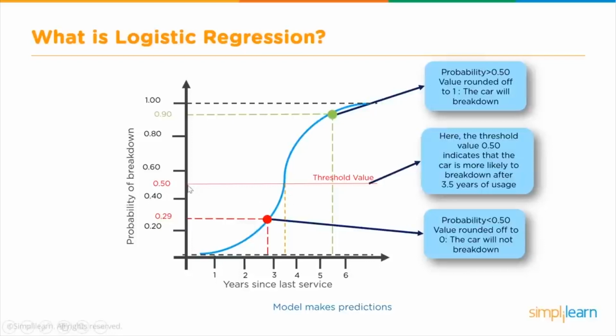For example, 0.5 can be the threshold in this case. So any value of the probability below 0.5 is considered to be 0, and any value above 0.5 is considered to be 1. So an output of, let's say, 0.8 will mean that the car will break down. So that is considered as an output of 1. And let's say an output of 0.29 is considered as 0, which means that the car will not break down. So that's the way logistic regression works.